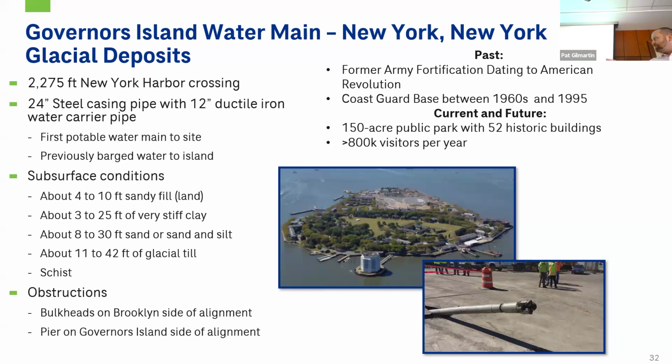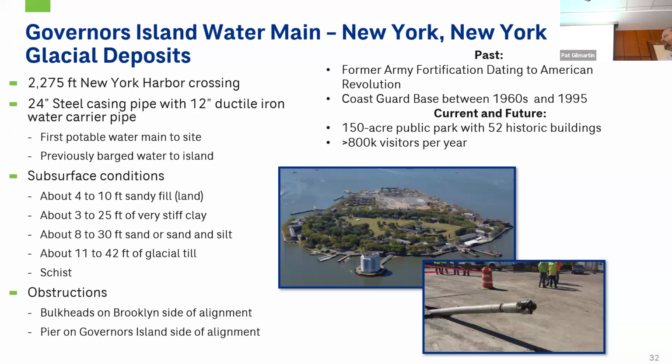Because this was a critical water line, even though we did go through bedrock as well as glacial till, for redundancy, and to avoid any issues with the shipping channel, because this is the main shipping channel through New York, the city required us to use a 24-inch steel casing pipe to house the 12-inch ductile iron main.